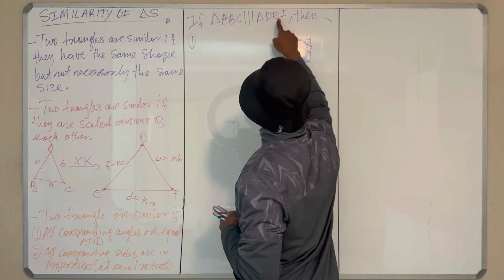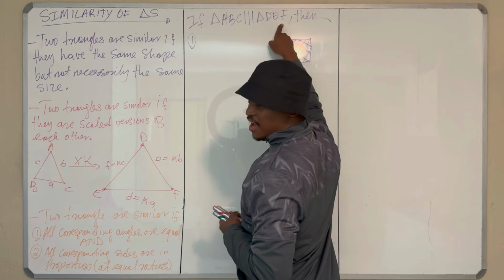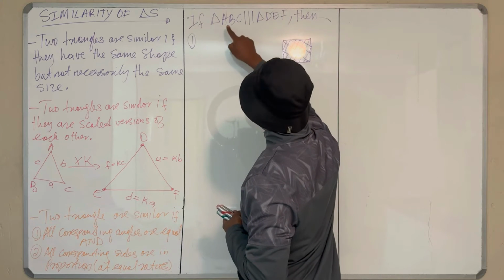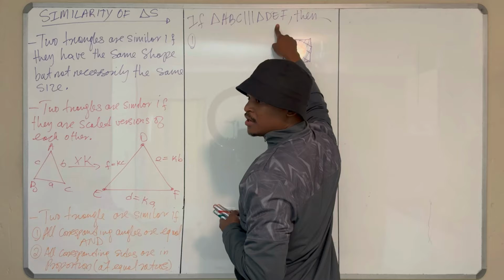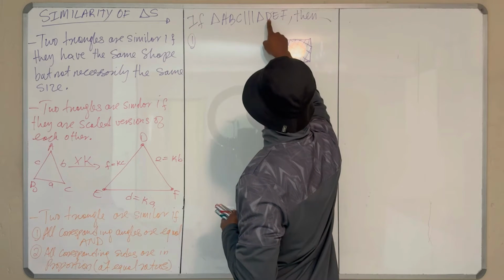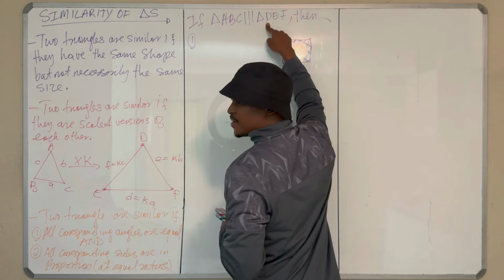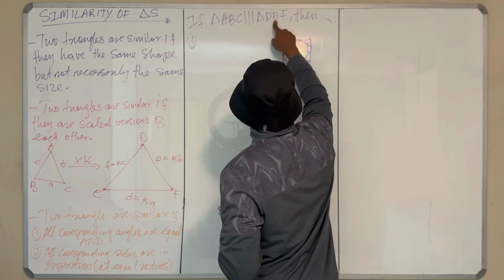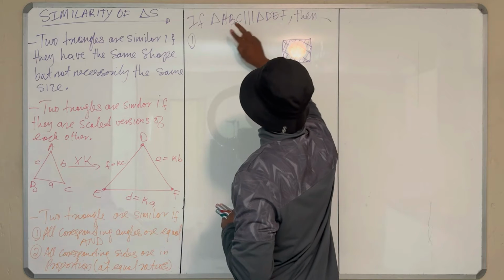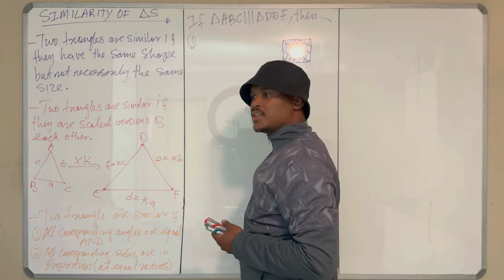And your C corresponds to F in triangle DEF. So the order in which you write these matters. Because if you write ABC is similar to triangle DEF, that's what I'm going to assume, that this angle is exactly the same as that one, this angle is exactly the same as this one, and this angle is the same as that one. If you swap them around, now you're talking about different stuff.